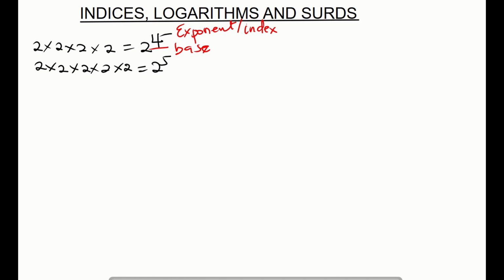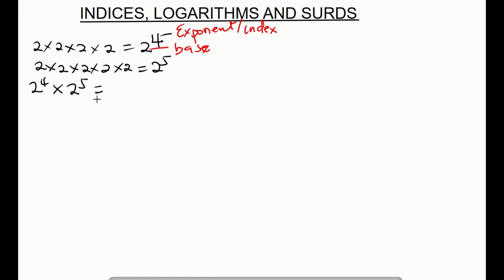Now, we have these calculations to consider. Let's consider 2 to the power 4 times 2 to the power 5, which is 1, 2, 3, 4, and 1, 2, 3, 4, 5.